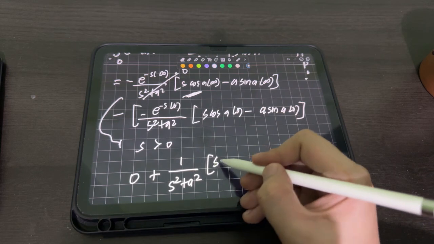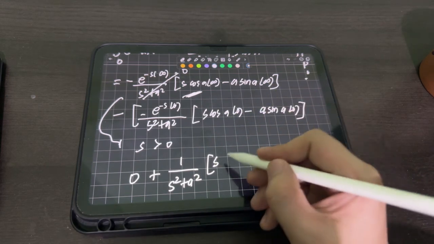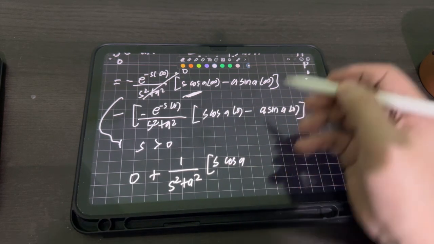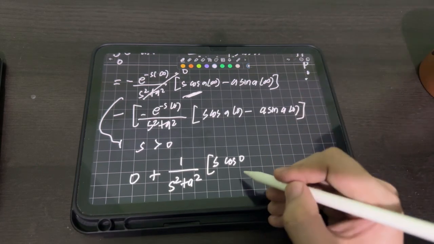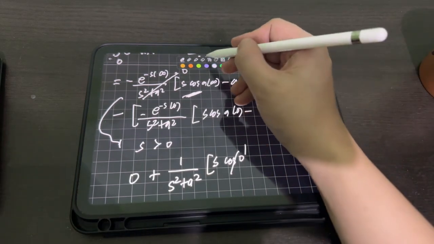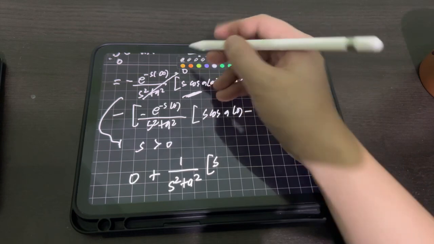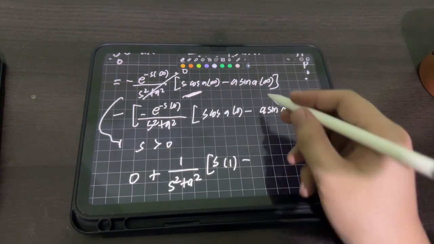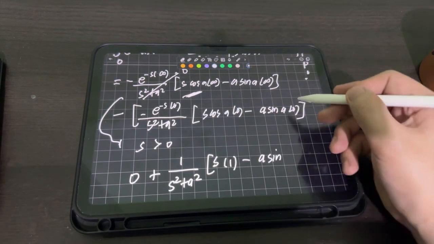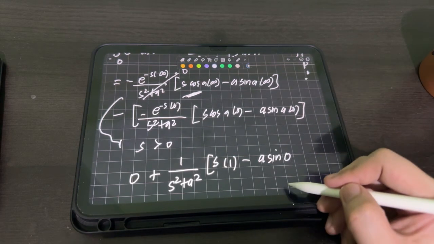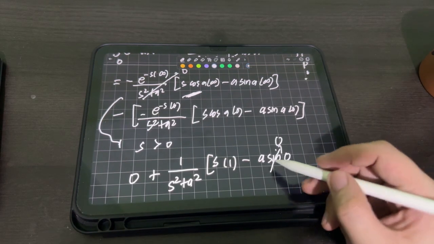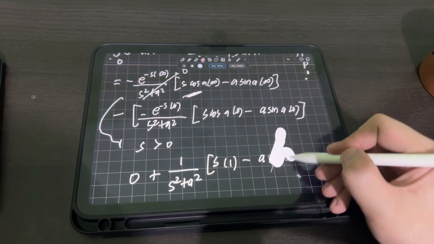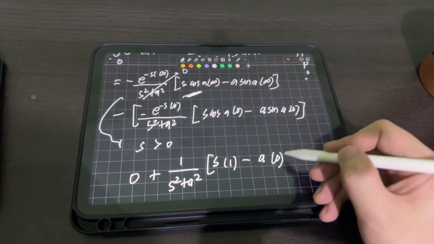Then times s cosine a times 0, or cosine 0, is again just equal to 1, right? So therefore, we just have s times 1 minus a sine of a times 0, it's just sine 0, but sine 0 is 0. So we just have a times 0.